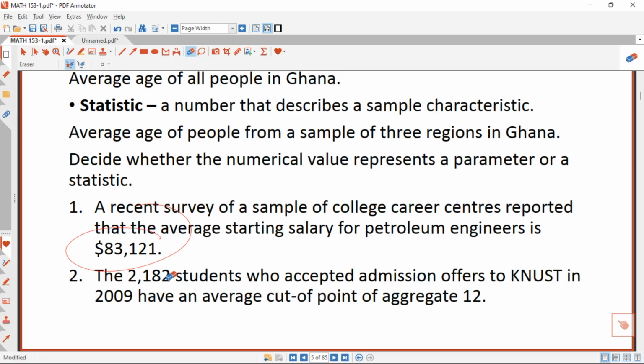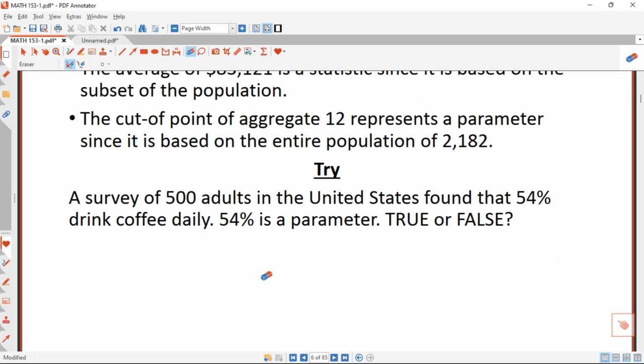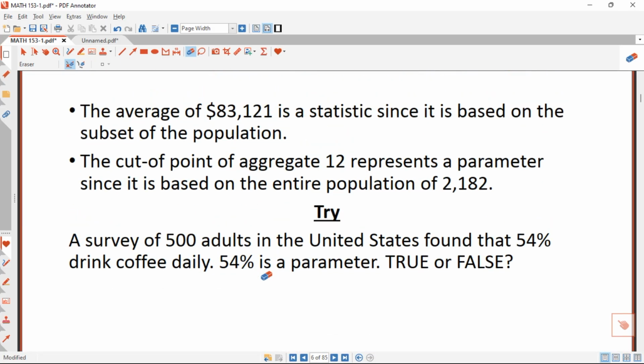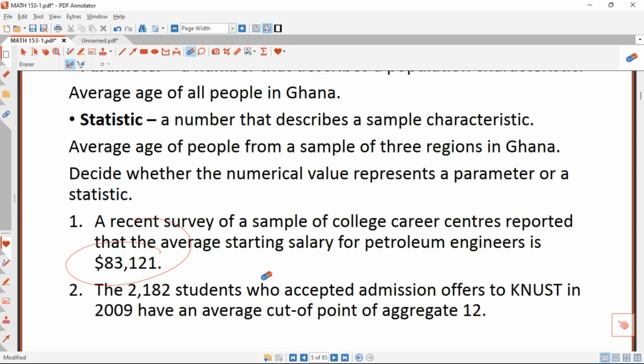This question is an example of what? Population. The 2,182 students who accepted admission offers to Kenya University are all the people given admission, so they represent the population in the university.